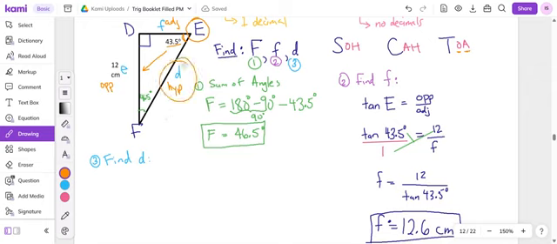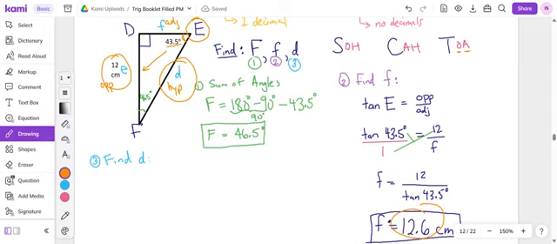And then I have a question. What other piece of information do I know? Because I know the length of the opposite side, I also now know the length of the adjacent side. We just solved for it. Which one of these two values, 12 centimeters or 12.6, is more accurate?